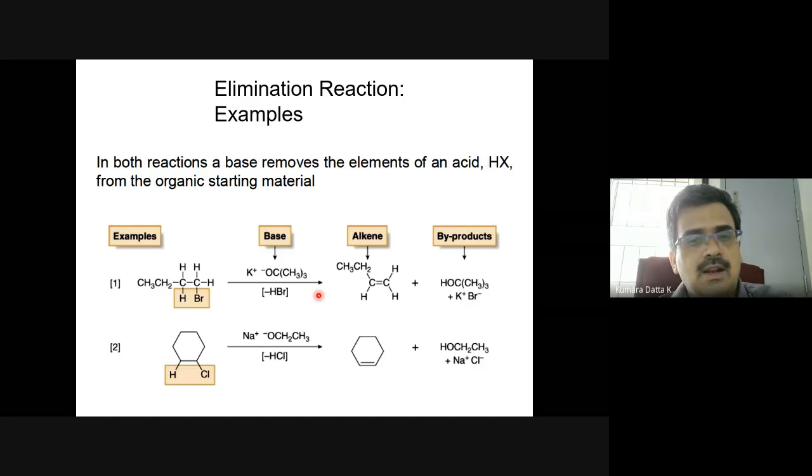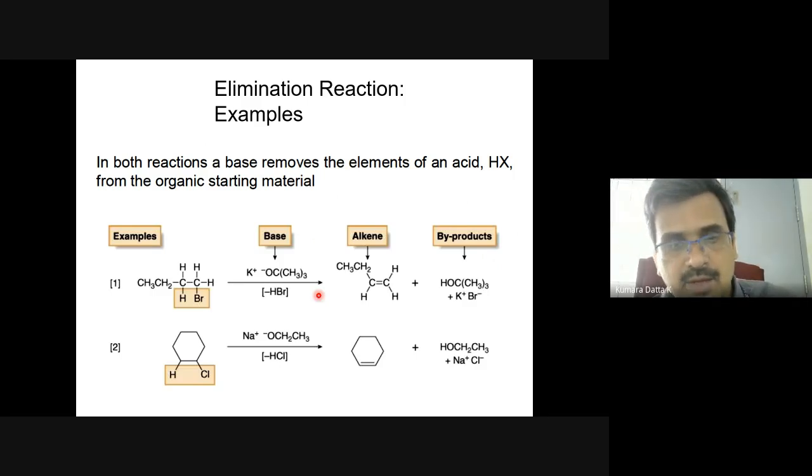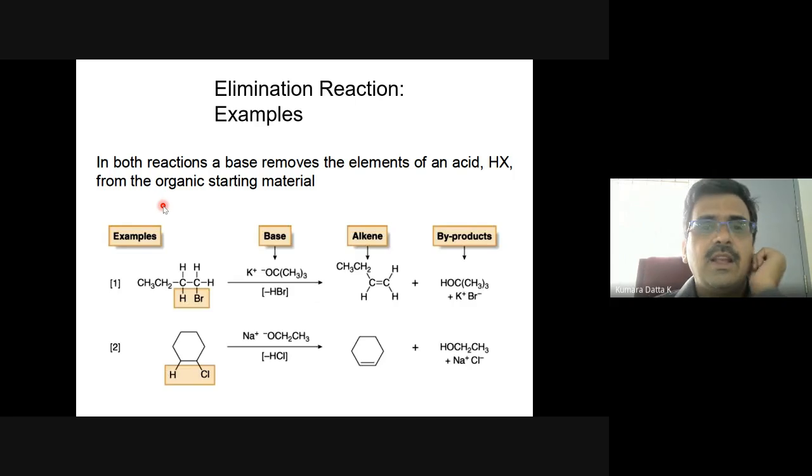Now, let us complete this slide with the examples. What you have seen is beta elimination in the previous example, which is a general example. In elimination reactions, a base removes elements like hydrogen halide from the starting material.